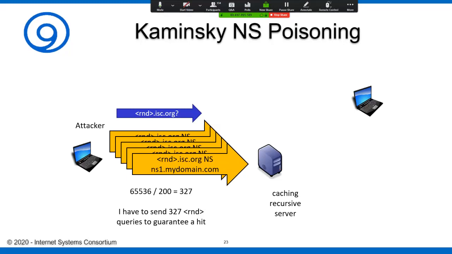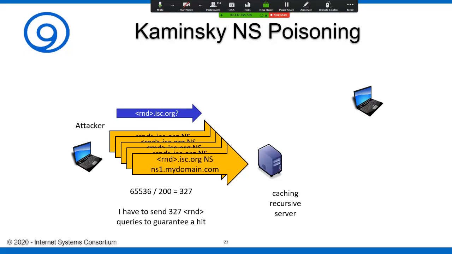And every 327th query that I send is guaranteed to fall within that 200 block of query IDs. So if I use the query IDs 1 through 200, then I know that within 327 of my random thing.isc.orgs, I'm going to match up with the query ID.